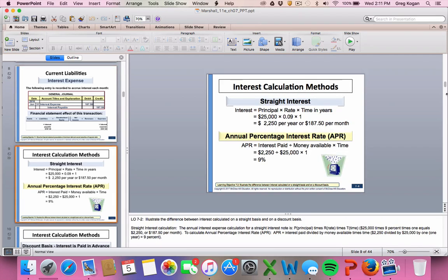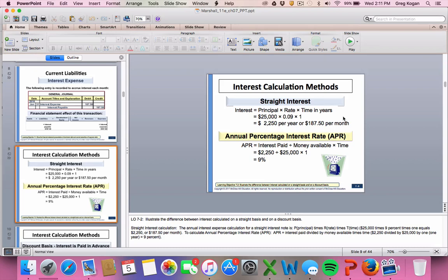So I just want to clarify that this is always the method that we're going to use: how much is outstanding times the rate times the time in years. So if on 25,000 we're talking about 9% in 1 year, it's 2,250 a year, or divided by 12, 187.50 per month. This is how we account for short-term debt.